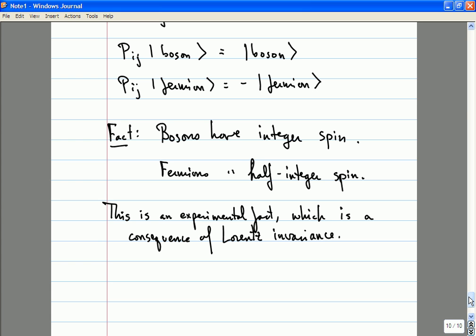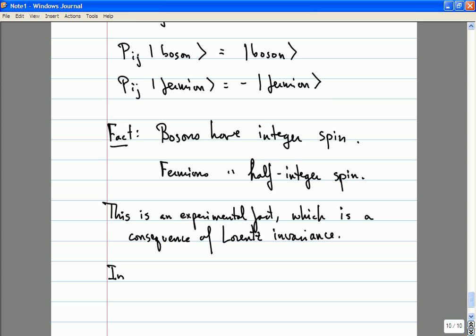I should mention, as an aside, that this is a consequence of the properties of Lorentz transformations in the number of dimensions that we live in, that is to say, 3 space and 1 time dimensions.